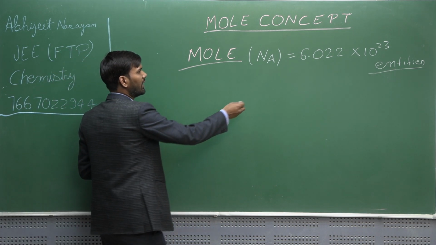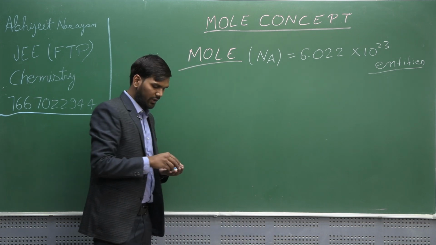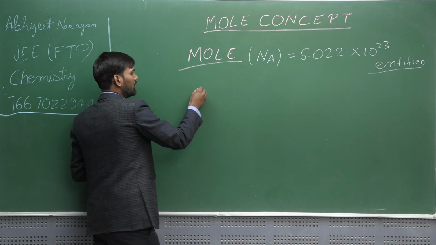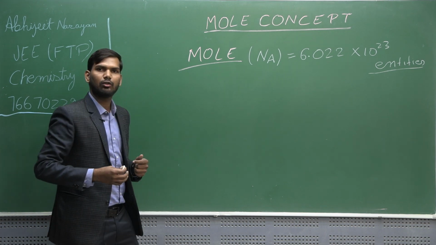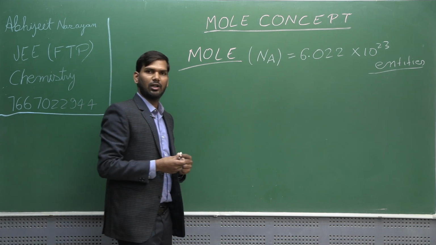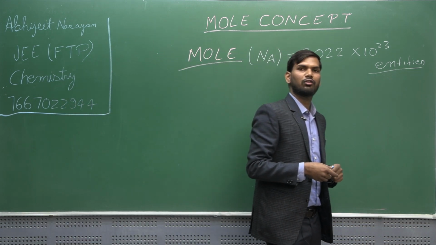And how do we get this Avogadro's number? Actually, in our environment, we have abundant carbon. Many things present around us are made out of carbon.